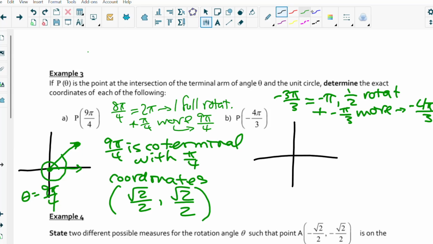So when I draw this out, okay, it's a negative angle. So I'm going to start at the origin. Here's my initial arm. I'm going to go clockwise. Okay, so negative 4 pi over 3. So pi over 3 is 60 degrees. So I'm going to go 3 times 60.